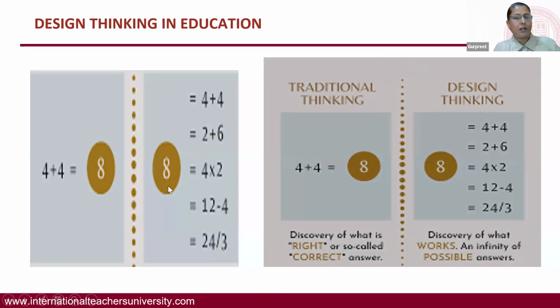We are trying different methods to arrive at the same result. So we have traditional thinking when we talk about the figure on the left hand side. That is, we only look at the correct answer. But in the case of the right hand side figure, we have an infinite number of possible answers to the same solution.